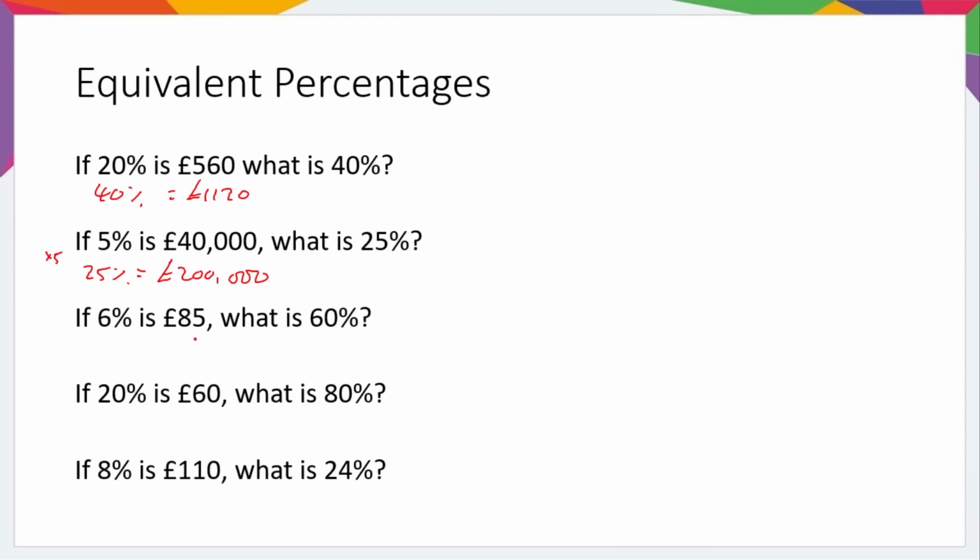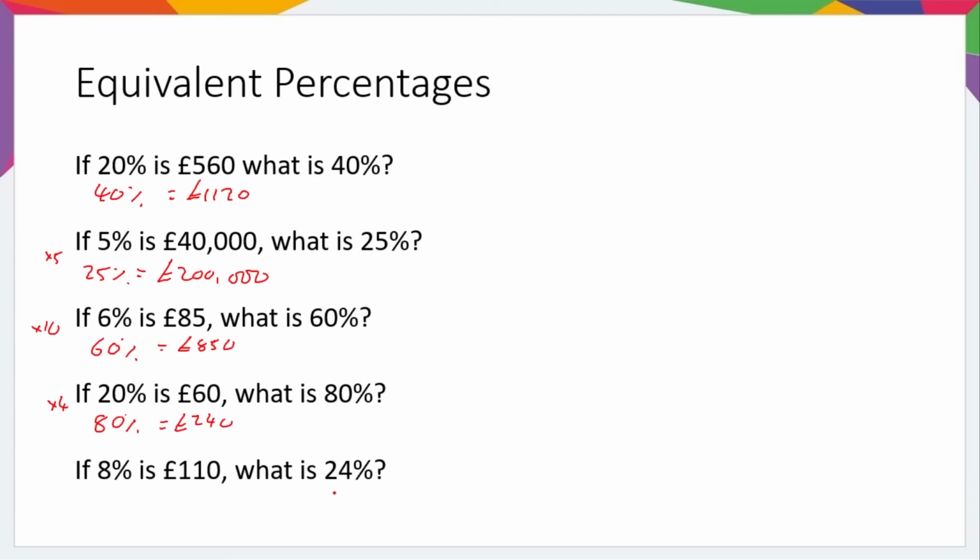If 6% is 85, what is 60%? Well, 60% is 10 times greater than 6%. So we need to multiply 85 by 10. So 60% is 850. 20% is £60. So 80% is 4 times greater than 20%. So 4 lots of 60, 240.